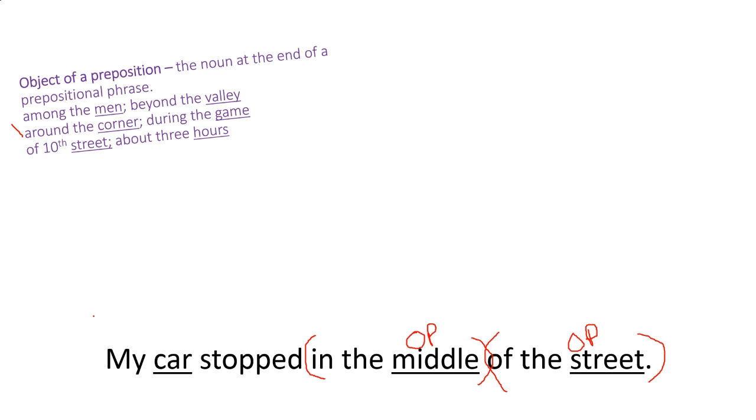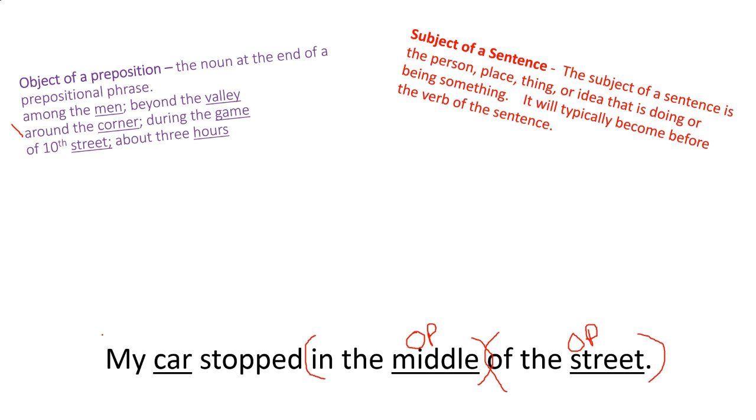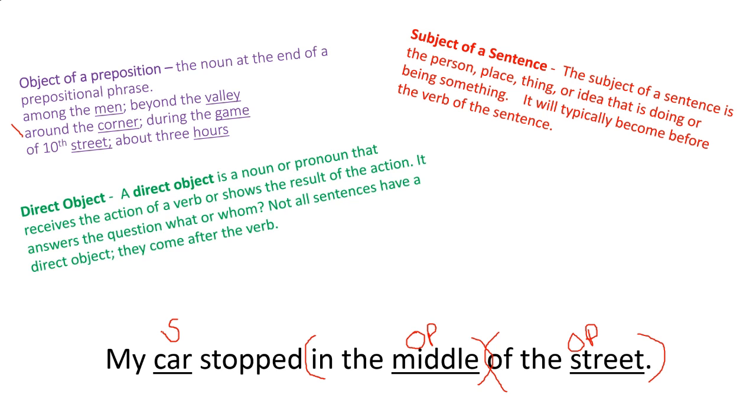Got that down. Okay. My car stopped. What is the thing that's being something or doing something? It's the car, right? So that's the subject. There's no more nouns in that sentence, so we're finished. That's all we have to do. There is no direct object and there is no indirect object.